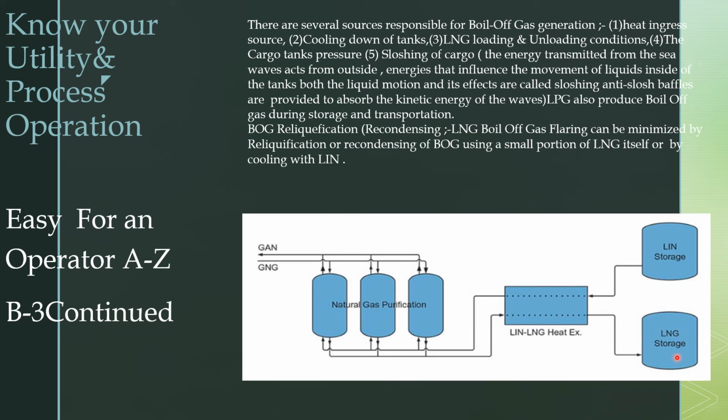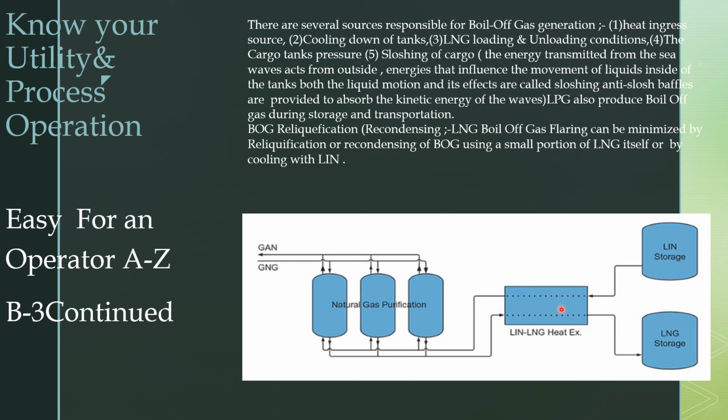So BOG flaring is minimized. The liquid nitrogen, after gaining some heat while cooling the incoming natural gas, goes out as gaseous nitrogen to vent. And this process is called liquefaction or recondensing of natural gas.